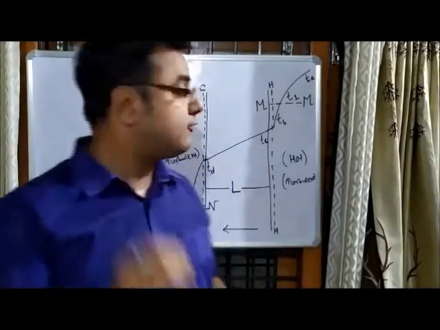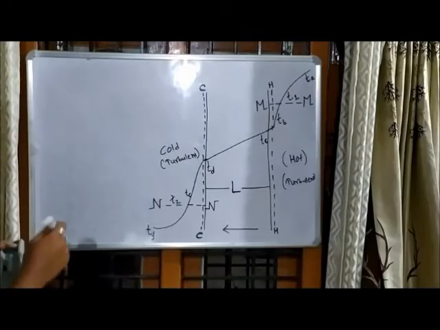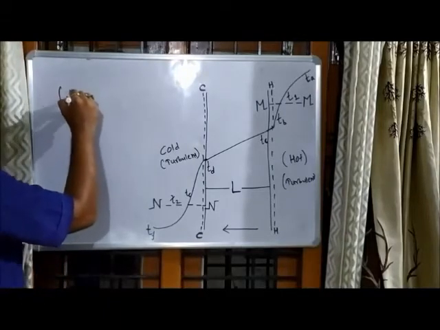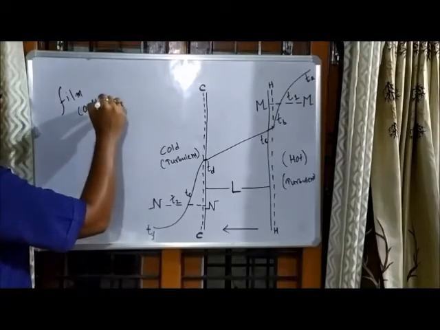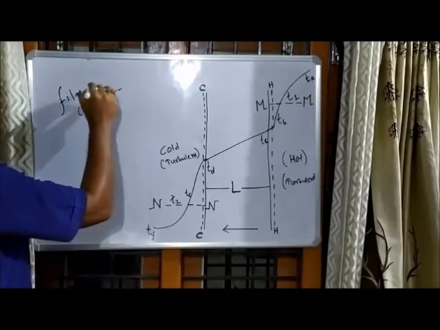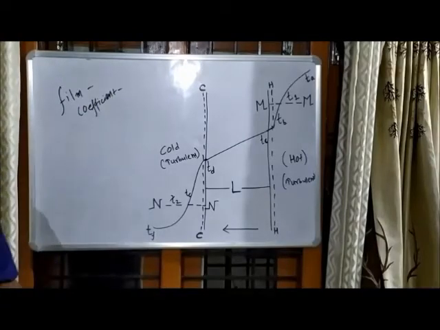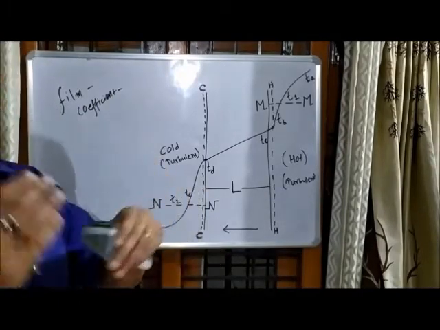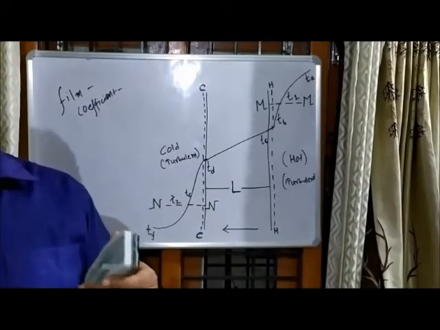So you should have a basic idea regarding a term. This term is known as film coefficient. So what is film coefficient? By definition, if somebody asks you, it is the quantity of heat flowing through unit area of the film for unit drop in the temperature.